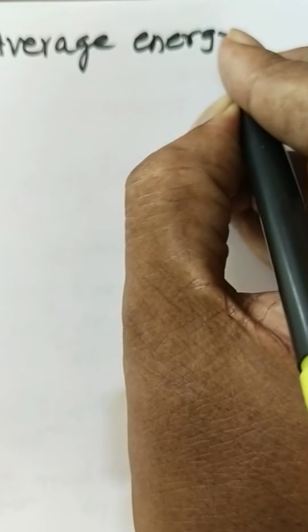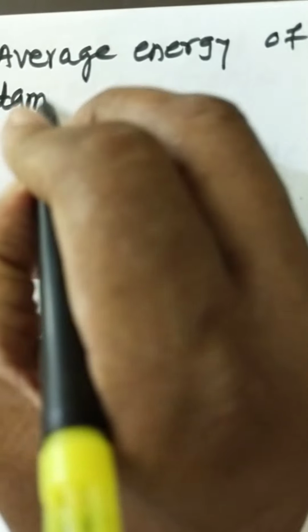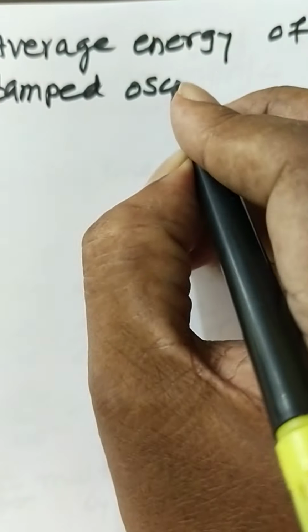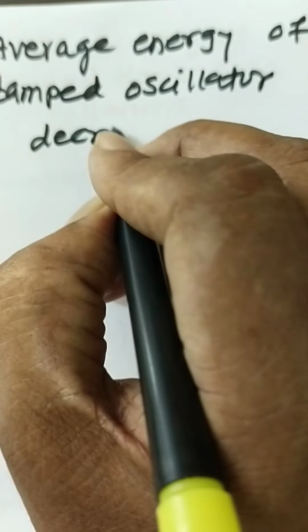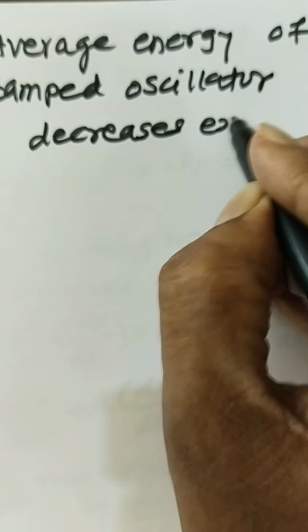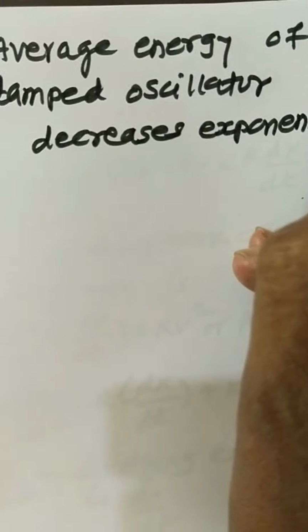So equation 17 is the average energy of the damped oscillator, and it decreases exponentially.